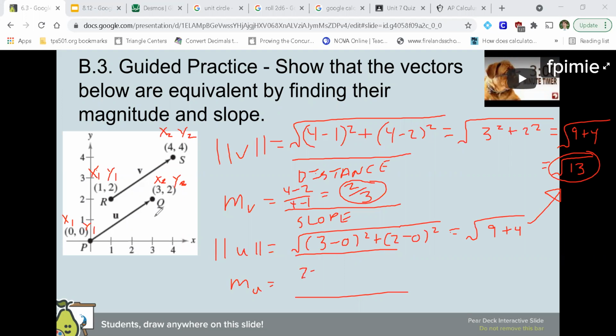And (2 minus 0) over (3 minus 0) is 2/3. Yay. Okay. Any questions on this? Or anybody need more time to write?